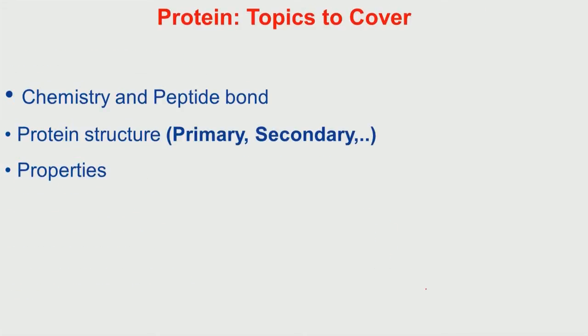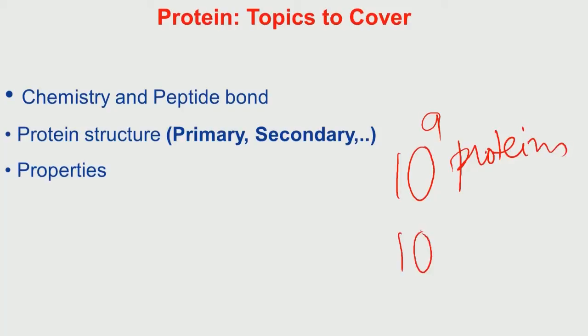So, for quite some time in the last module as well as this module, I have mentioned to you that the extracellular matrix contains proteins, and a large number of protein molecules are present. If you remember correctly, there are around 10 to the power 9 proteins in your eukaryotic cells, that is truly nucleated cells, and around 10 to the power 6 proteins in prokaryotic cells.